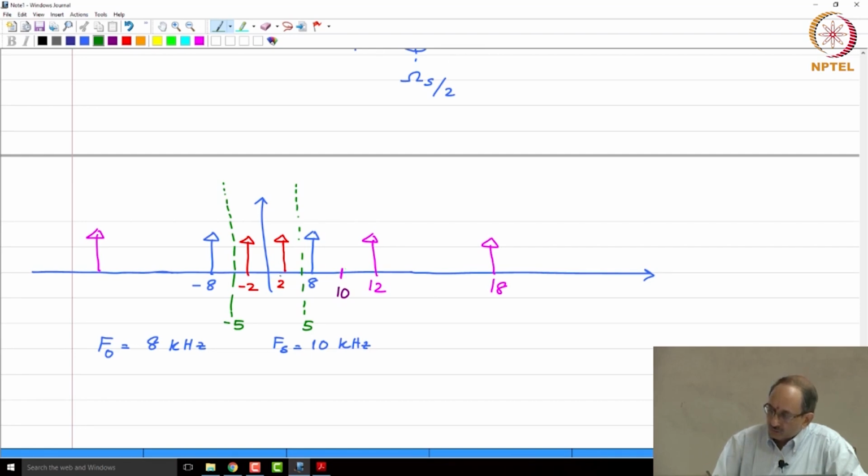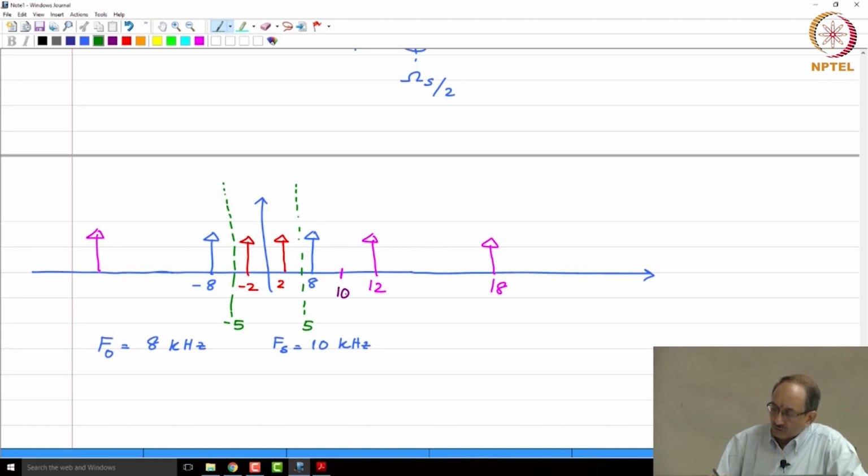Therefore, when you concentrate between minus 5 kilohertz and plus 5 kilohertz, the original signal which was 8 kilohertz, because you are now undersampled, has now become a 2 kilohertz signal. And what is happening around 0 is happening around 10. Therefore, around 0 you have plus 2 and minus 2. Similarly, around 10 you have 8 and 12. So, these are the other copies.